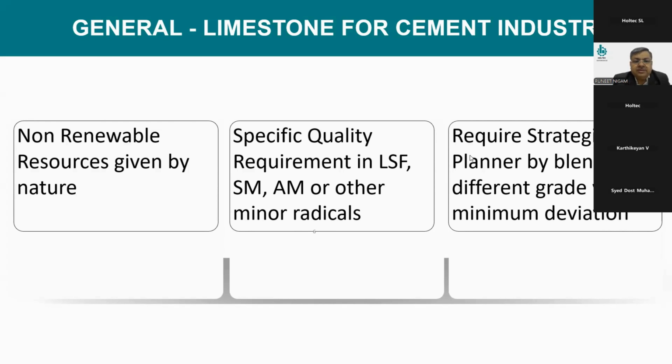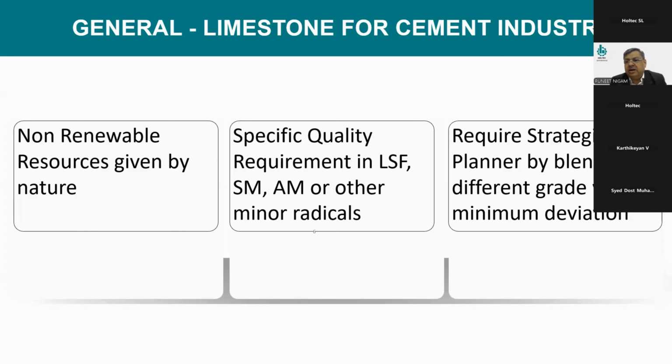The second thing is that we require a specific quality in terms of LSF, SR, AR, or other minor radicals, whatever sensitive radicals are there. This is the unique thing which is different from other raw materials like other minerals, bauxite, iron, etc., because all those are dependent upon the cutoff, but this is based on the ratios of LSF, SR, and AR.